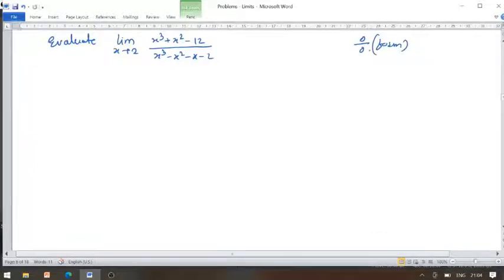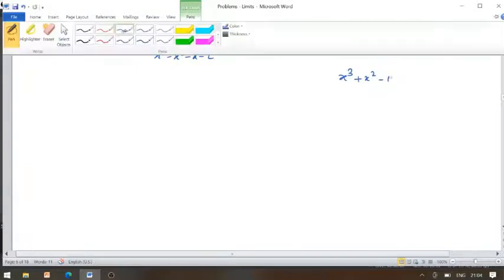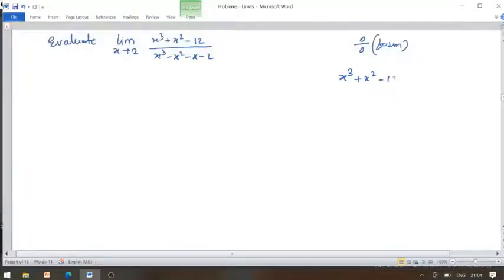Now how to find out the factors of a cubic equation? So, as everyone well knows, as per the polynomial we can use here the synthetic division. So for that I would like to consider the equation as a cubic equation x cube plus x square minus of 12 equals to 0. So look at once, we have given x tends to 2, that means x minus 2 is one of the factors of your numerator as well as denominator.